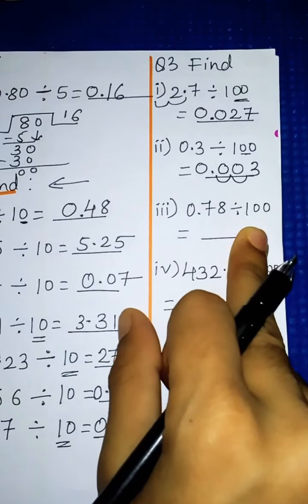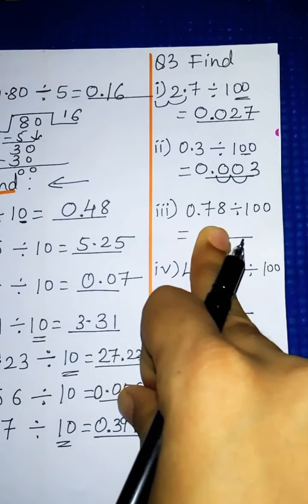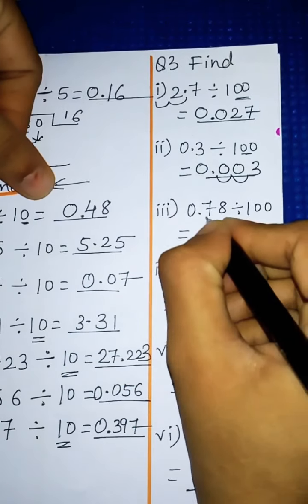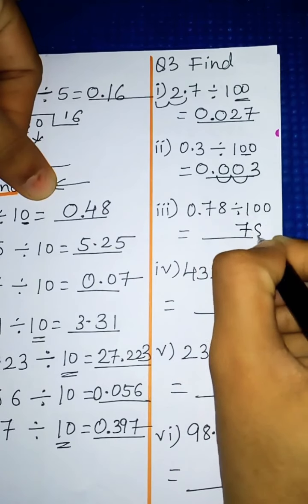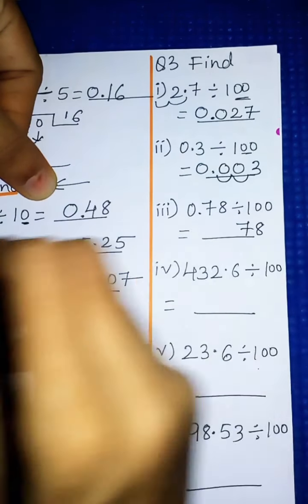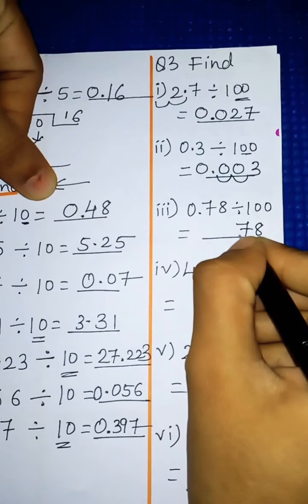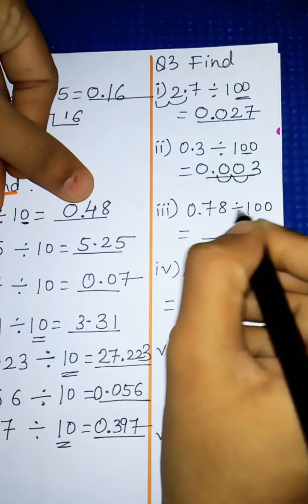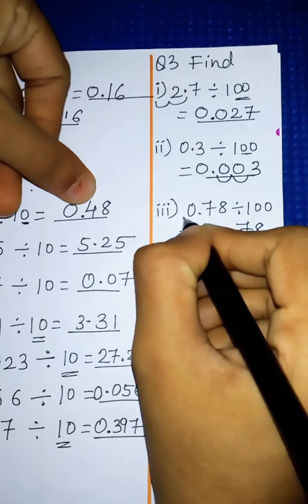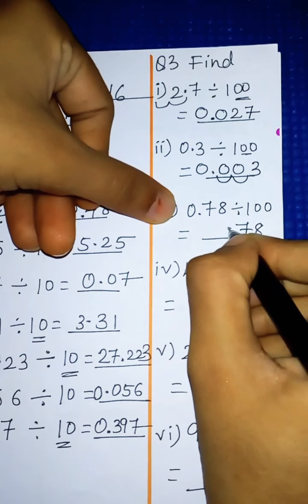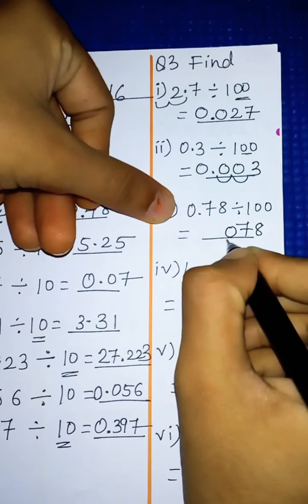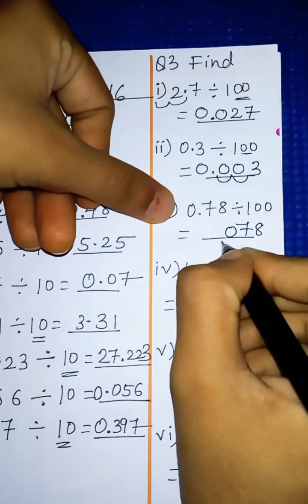So next one is 0.78 divided by 100. So again 7, 8 is there. Point is here. 7 के आगे है point, यहाँ पर है. Now again we will shift 2 times because 100 is there. So 1 shift. So we will need 1 more 0. So the point was here. So 1 shift and then second shift.